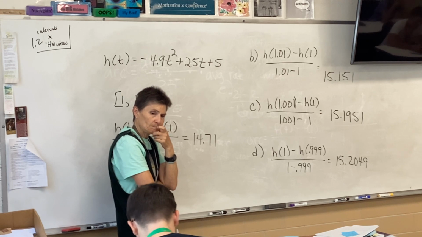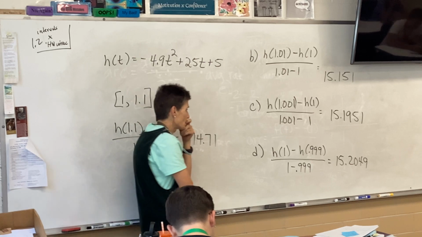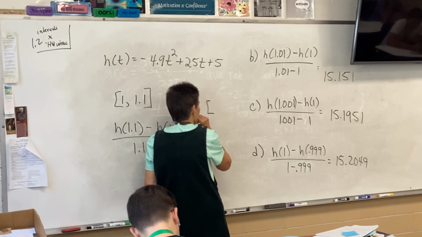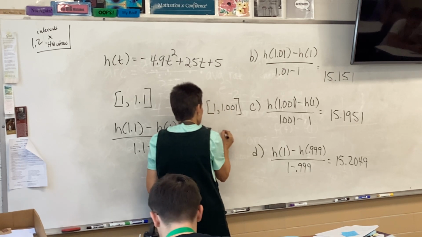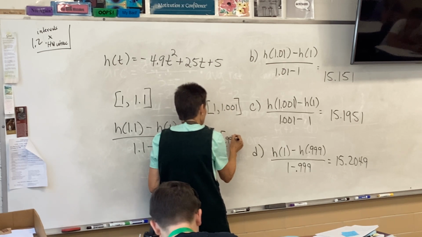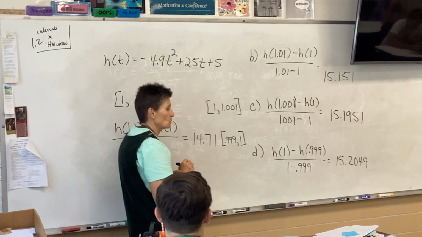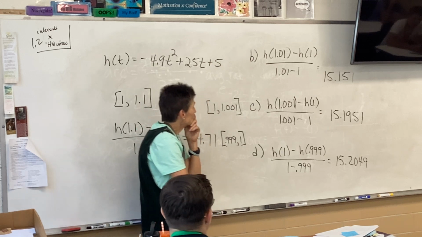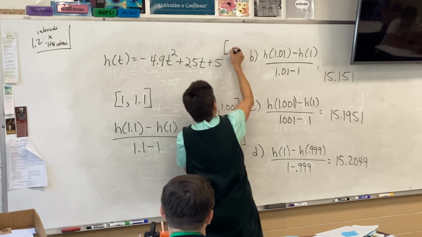Okay. So this was the interval 1 to 1.001. And this was the interval 0.999 to 1. All right, I'm waiting.